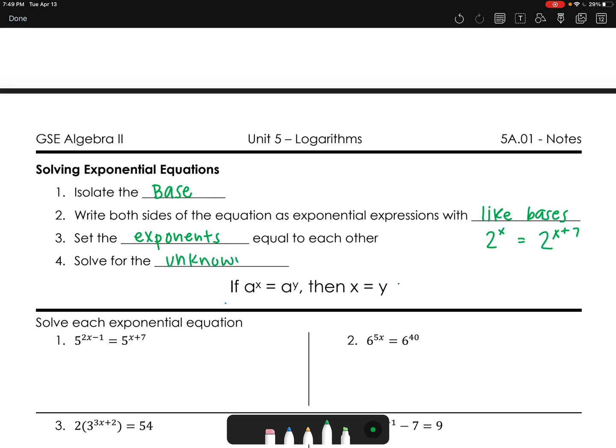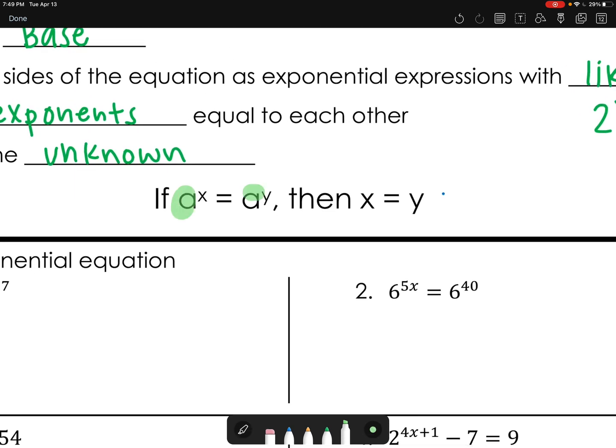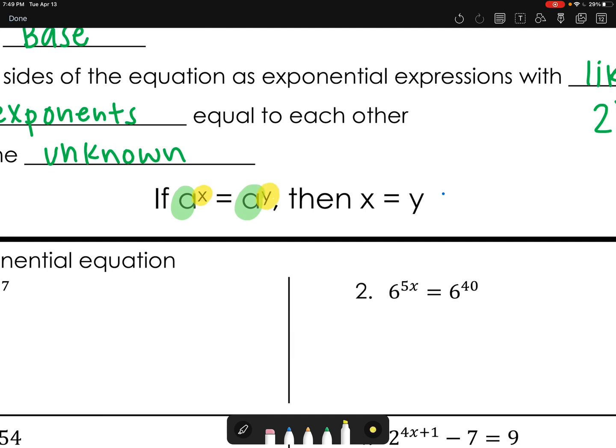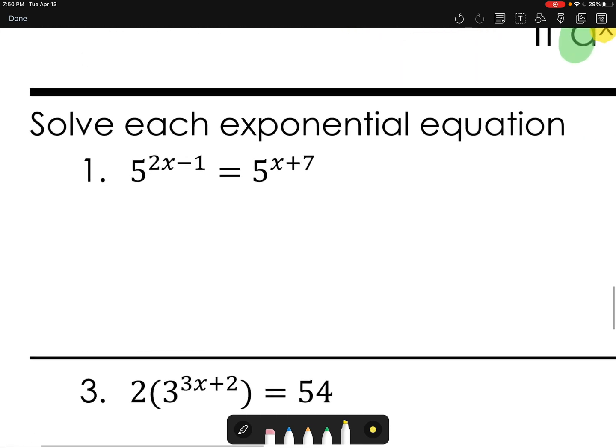So you actually learned this property in Algebra 1, where if you have like bases, like what we have right here, and they are raised to different values, then you can set those values equal to each other. So in number 1, you can see that our bases match each other. They both have a base of 5, and so that means I can set my exponents equal to each other.